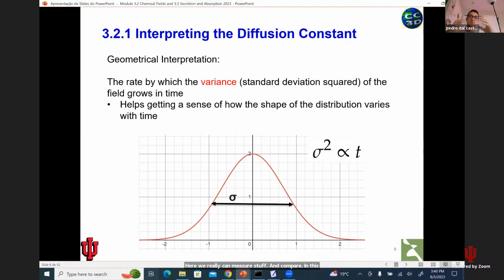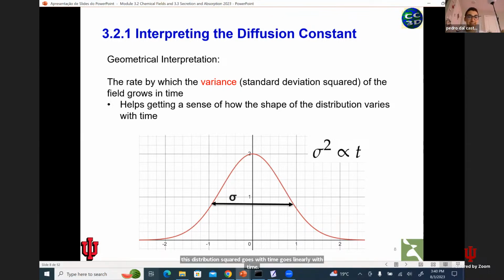So let's say you start with a distribution of a field and you watch it spreading over space. The size of this distribution, the standard deviation of this distribution squared, goes linearly with time.